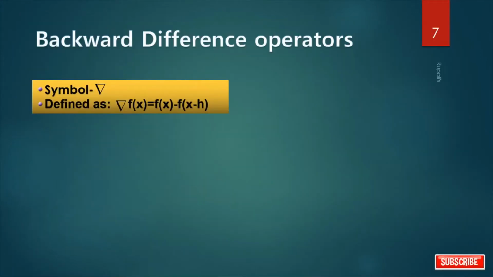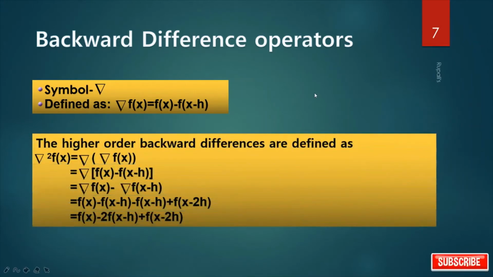Backward difference operator symbol is nabla, defined as nabla f(x) equals f(x) minus f(x minus h). The higher order backward differences are defined as nabla square f(x) equals nabla into nabla f(x), where nabla f(x) from the formula is f(x) minus f(x minus h). So it is nabla f(x) minus nabla f(x minus h).